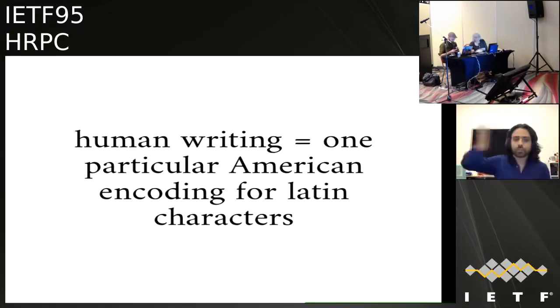So the extreme conclusion of that is, on the internet and in computation, because of our reliance on ASCII and the equating of ASCII with plain text, on every level of the stack, this is where I feel the world of software is today: all of human writing has been collapsed into one particular encoding for American English.